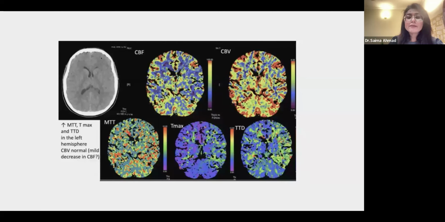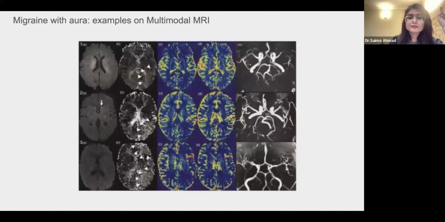But at the same time, we were very confused because of the paresthesia, which started from the face and went downward. And secondly, with this large hypoperfusion, the patient does not have any large vessel occlusion on the CTA. Hence, thrombolysis was not done, and he was diagnosed with migraine.